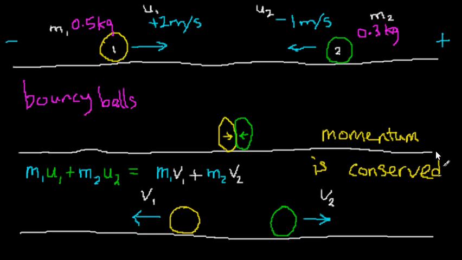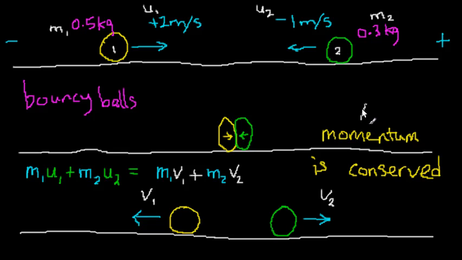We really mean that the total momenta will always stay the same before and after the balls hit each other. Now there is a condition, though. There is a condition for this to be true.